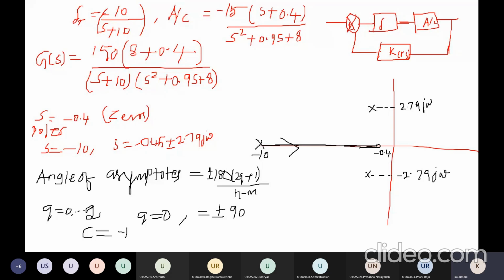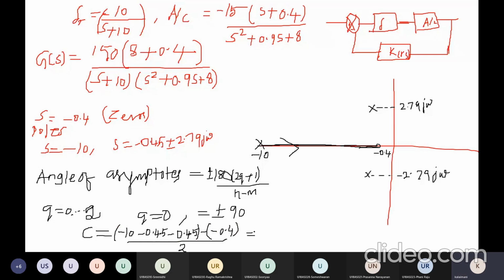One is minus 10, another pole is minus 0.5 plus j2.79, then another pole is minus 0.5 minus j2.79. Plus and minus will be cancelled. It is the sum of poles minus the sum of zeros, where the zero is minus 0.4, divided by n minus m. N is 3, m is 1, therefore n minus m value is 2.